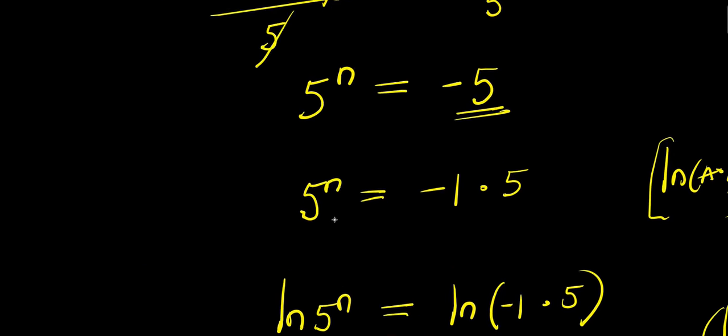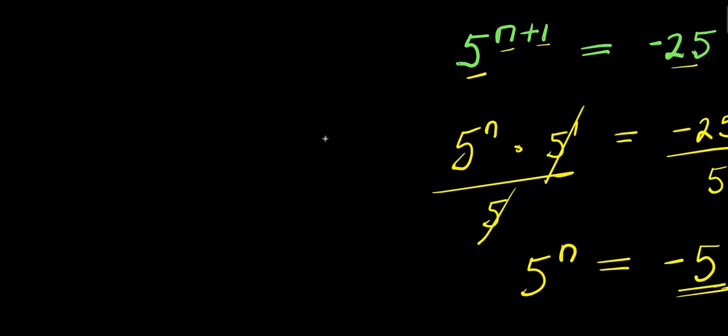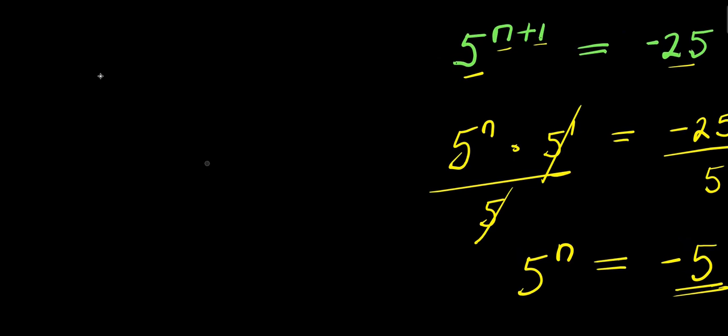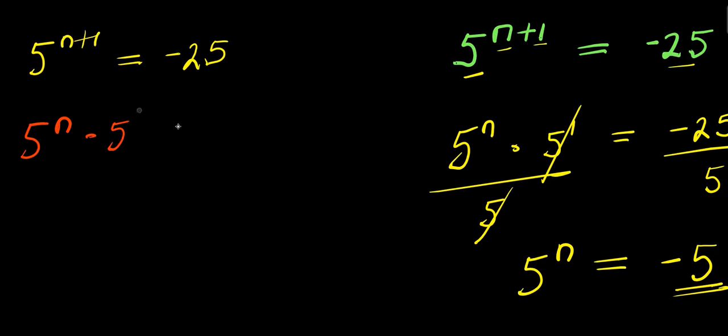Now let's consider it when we use another version of I or another version of negative 1. Remember, the question is 5 power n plus 1 equals negative 25. So what I'm going to do will be to apply the same identity again. This is 5 power n times 5 power 1 equals negative 25. Remember the identity.